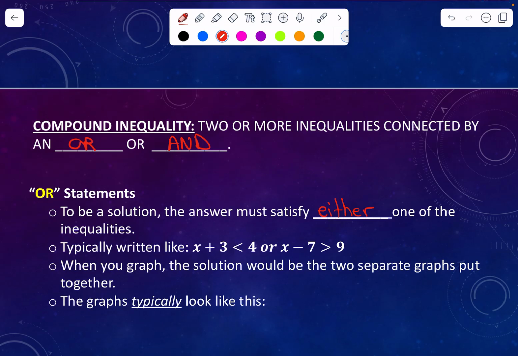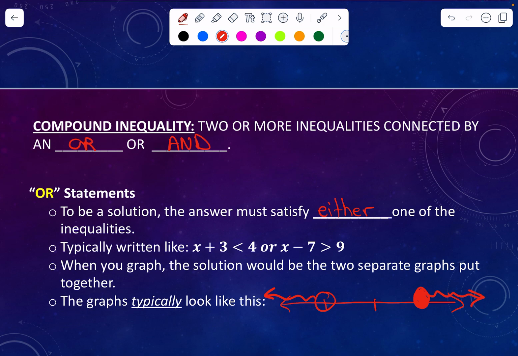Okay, so when you graph the solution, what it would be is the two separate graphs put together. Typically, you're going to see a graph that looks like this. So we're going to have our three values. You'll have something like this that will go left. You'll have something like this that will go to the right.